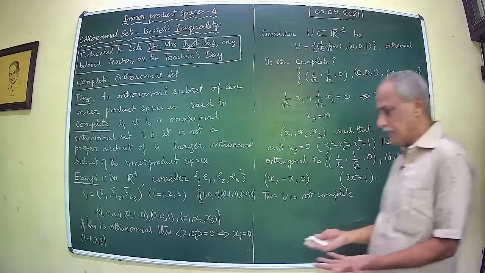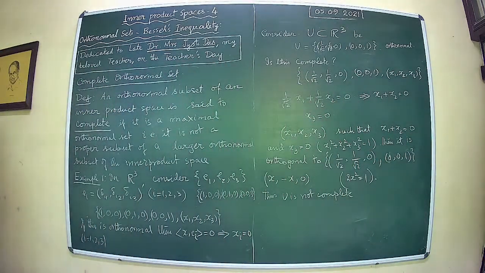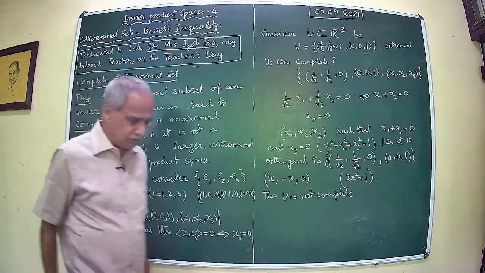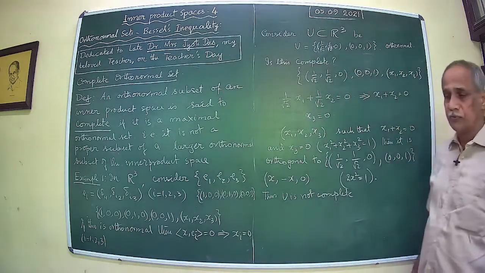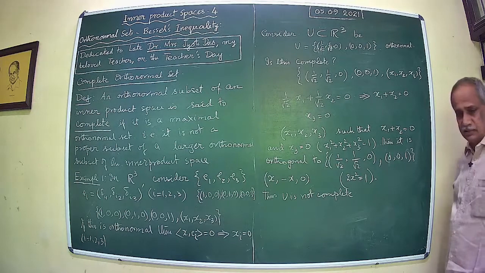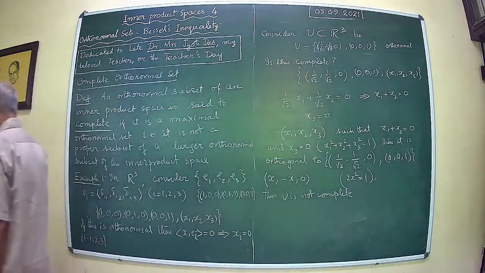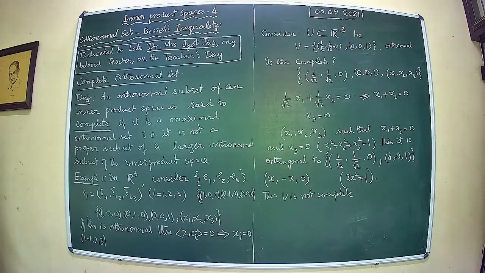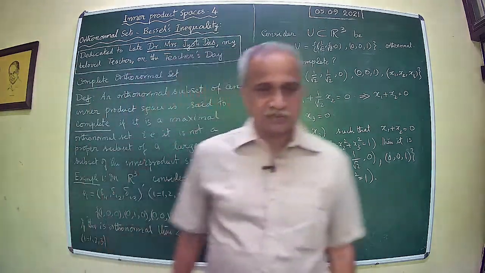Now other examples are, see, you take the collection of functions that we have looked at, 1, cos nx, sin nx for n ranging from 1 to infinity, with appropriate normalization.